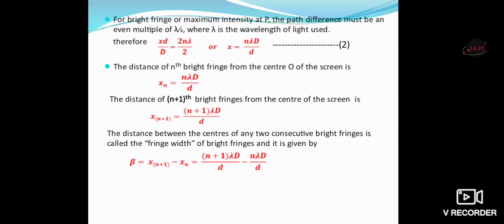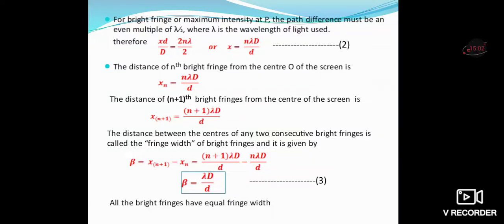So beta is equal to xn plus 1 minus xn. Already we know xn plus 1 is n plus 1 into lambda D by d, minus n lambda D by d. Therefore, with the help of this, by solving this equation, we are getting beta is equal to lambda D by d.